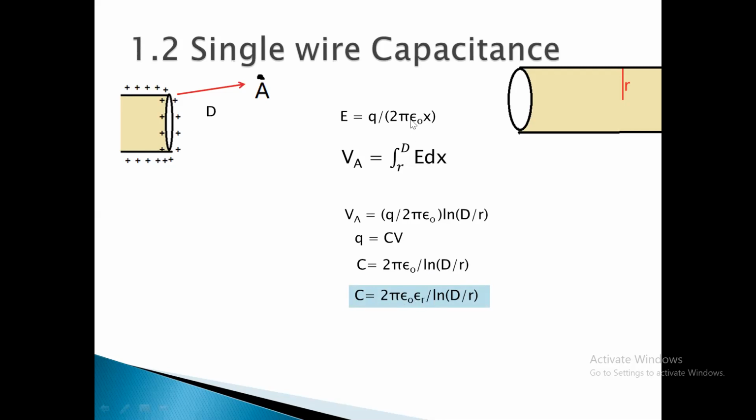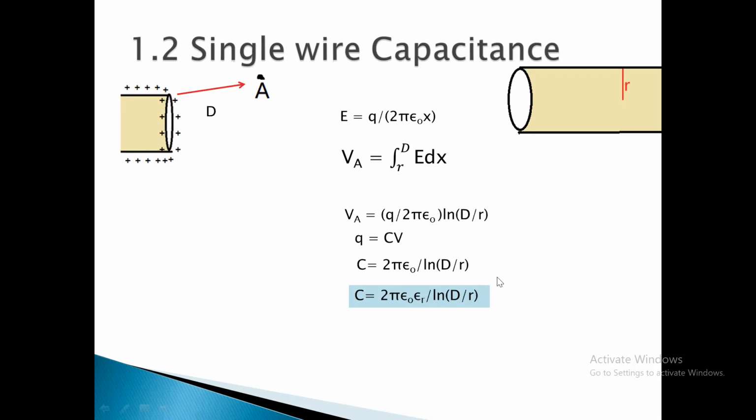So don't be confused if a problem says that the relative permittivity is not 1, for example 0.5, then you have to multiply this epsilon naught with 0.5. In normal problems, if it is not given, we always take it as 1.